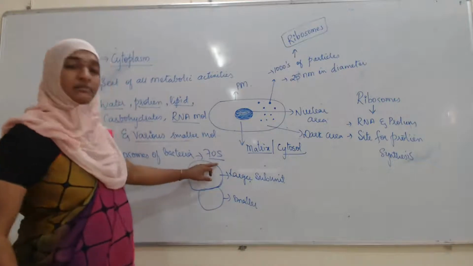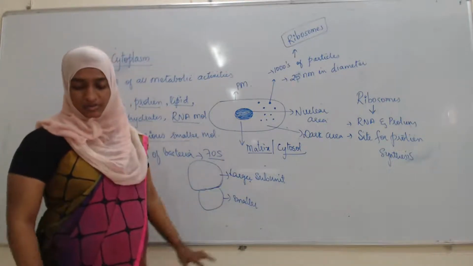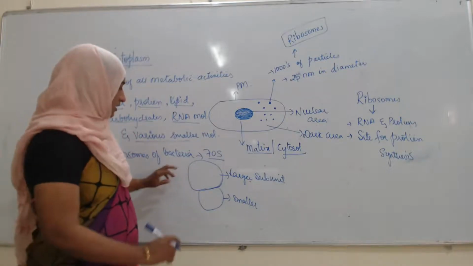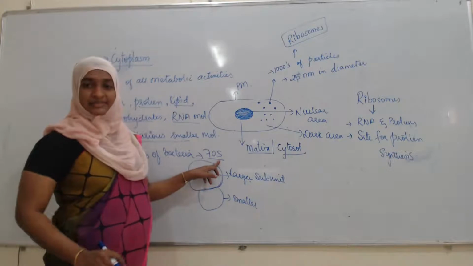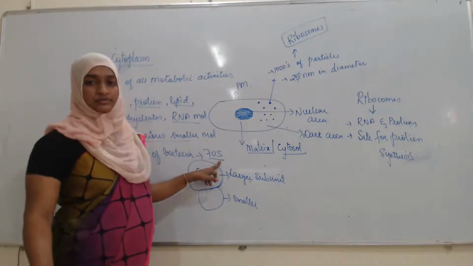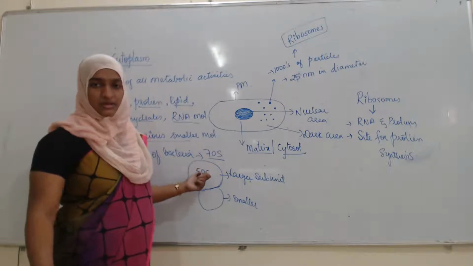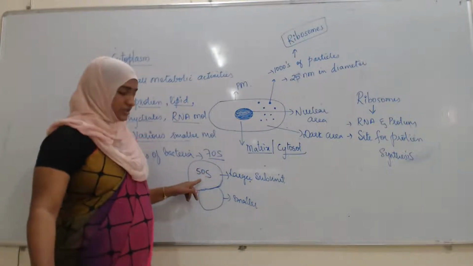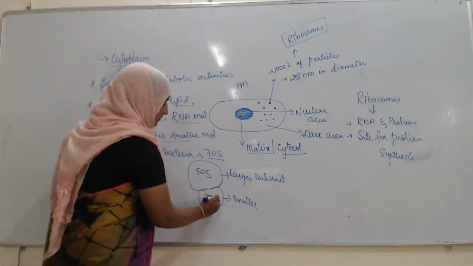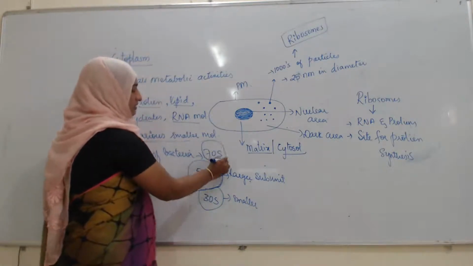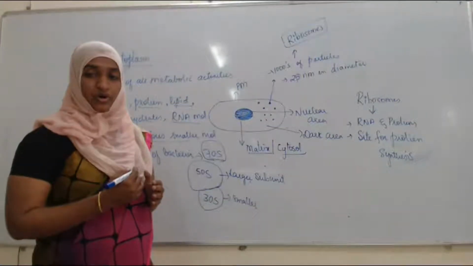The larger subunit is 50S and the smaller is 30S. S means the Svedberg unit, which measures the sedimentation coefficient of the ribosome. Altogether it is 70S.